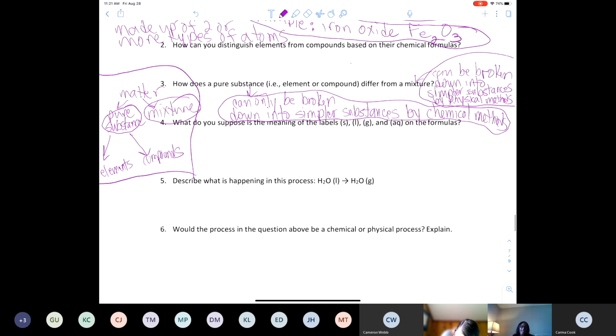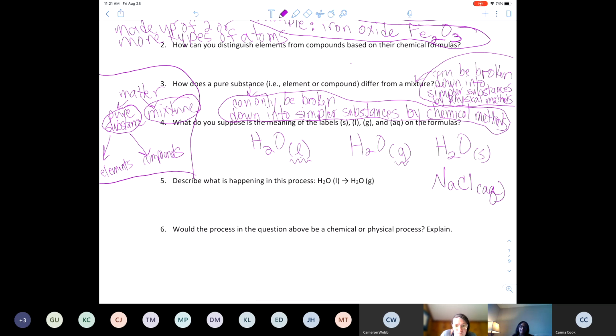So if I have a formula for water, H2O, and I put a little lowercase l there, and then here for water I put g, and then here for water I put s, what do these little labels mean? Those are the states of matter: liquid, gas, solid.